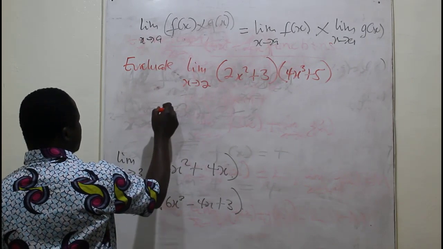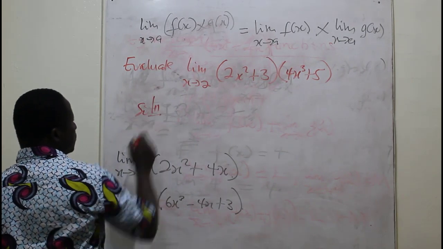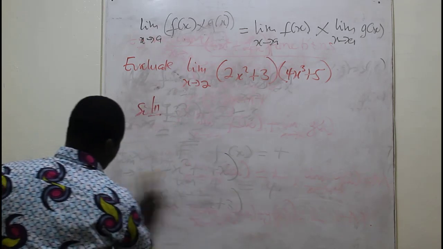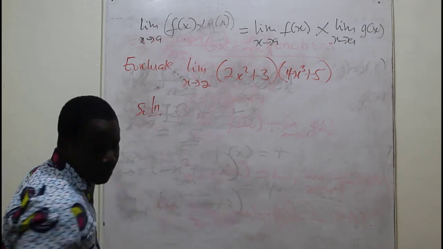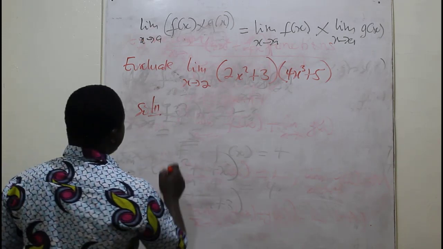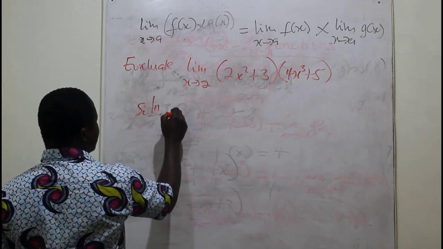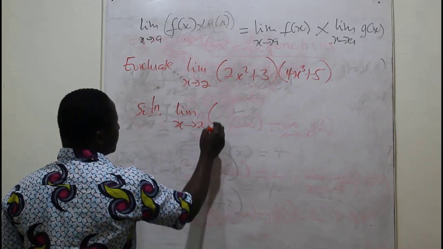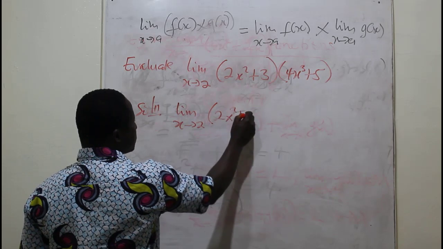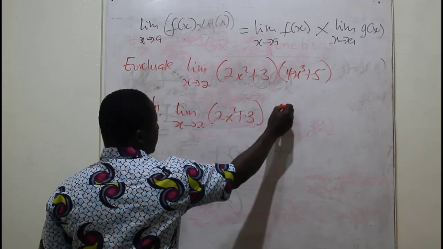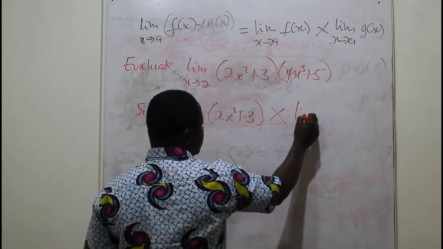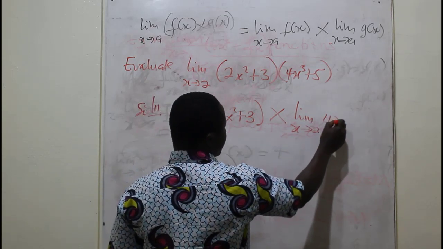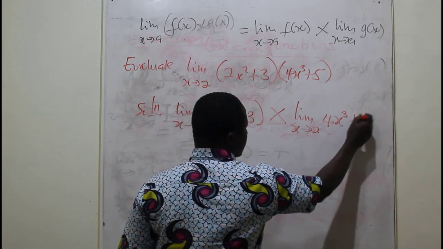So, the solution to this problem. Per the theorem, we are going to write the limit as x approaches 2 of the first function, 2x squared plus 3. Then we multiply the result by the limit as x approaches 2 of the second function, 4x cubed plus 5.